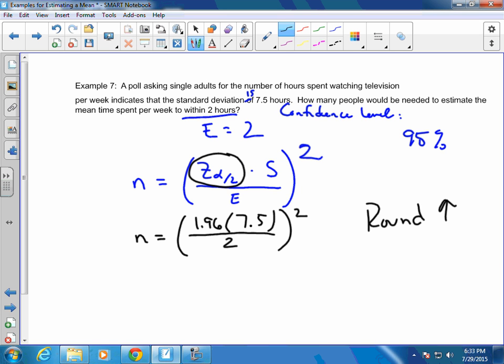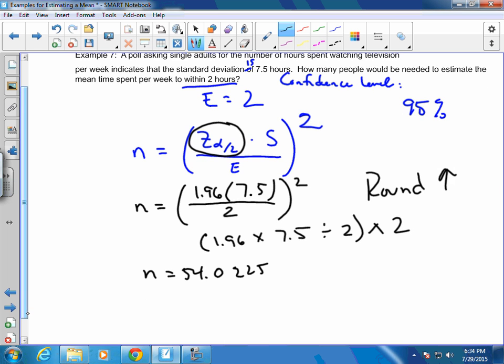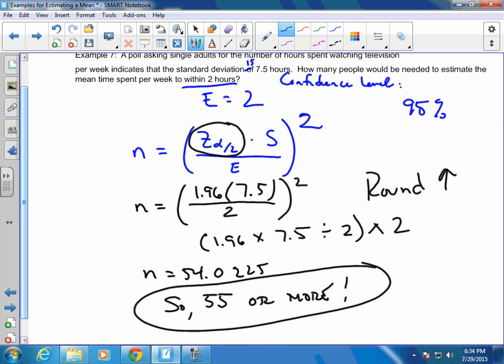So I punch this in my calculator like this: parentheses, 1.96 times 7.5 divided by 2, end parentheses, and then either hit your square button or just caret 2. I'm getting 54.0225, but again, it doesn't matter, 54 point whatever means 55 or more. We're always going to round up to the next whole number.